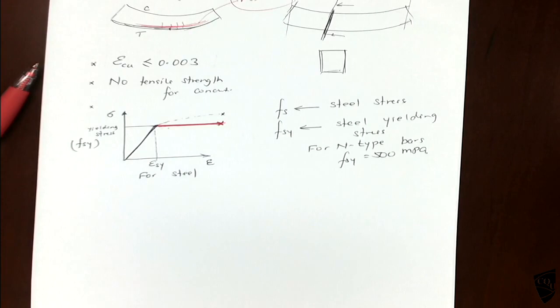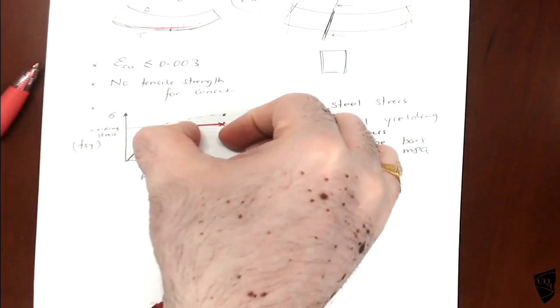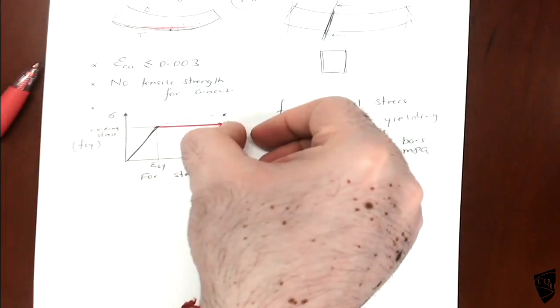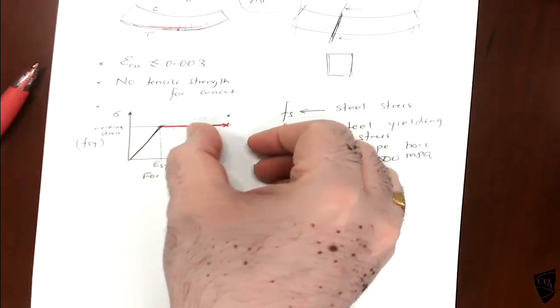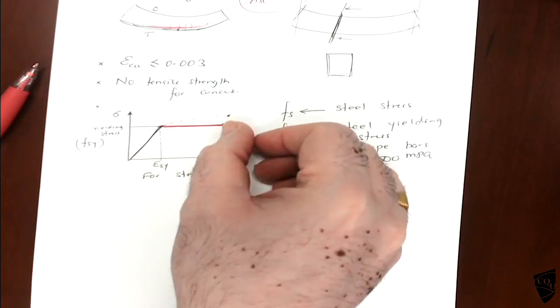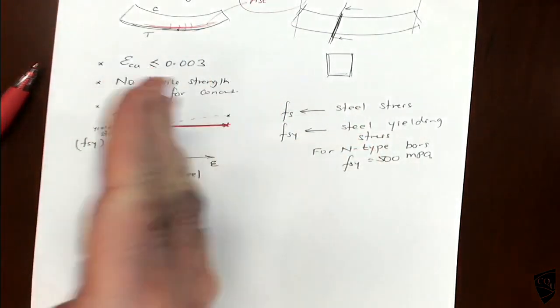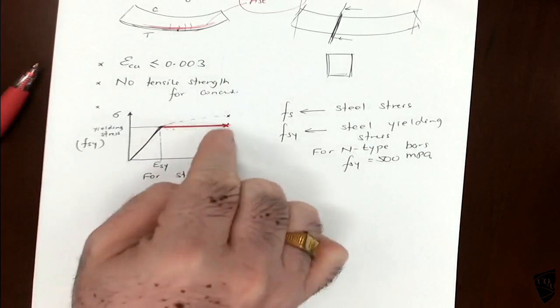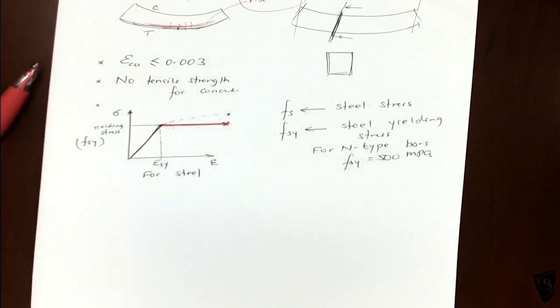They need the longer one because this is called ductility. The longer the post yielding strain is, the more ductile the property.